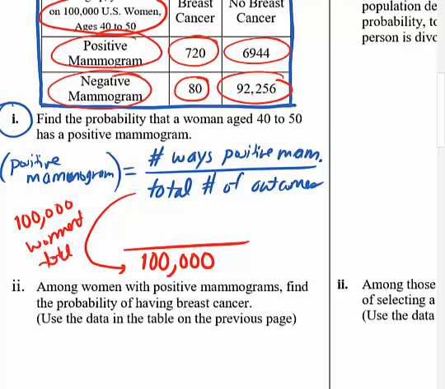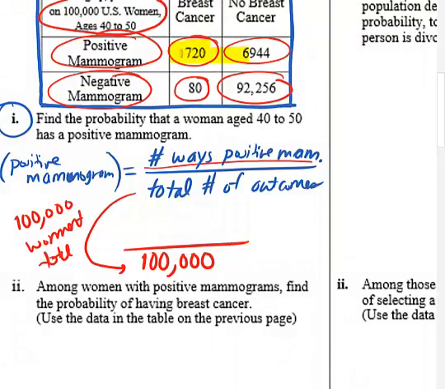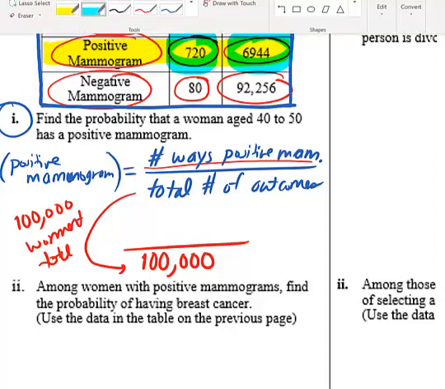Okay. And then the numerator would be the number of ways that there was a positive mammogram. So where was that? That would be these. Oh, looks like both of these added together, because the top row is talking about positive mammograms. Well, either they did have breast cancer or they did not, but in this particular question, they didn't specify. So I've got to add those together.